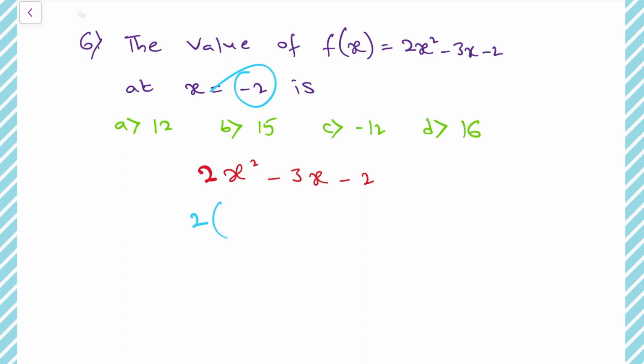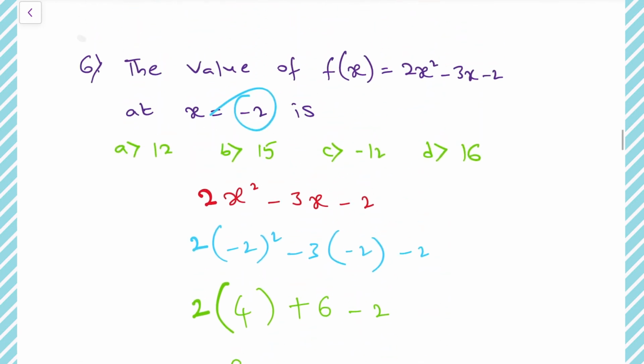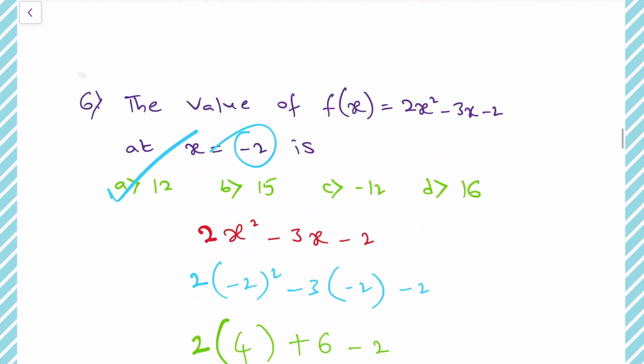So 2 into minus 2 whole square minus 3 into minus 2, again minus 2 as usual. 2 into minus 2 square, 4, minus 3 into minus 2, plus 6, minus 2. 2 4s are 8, plus 6, minus 2. 8 plus 6 is 14, 14 minus 2 is 12. So the value of that polynomial at x equals minus 2 is 12. So option A.